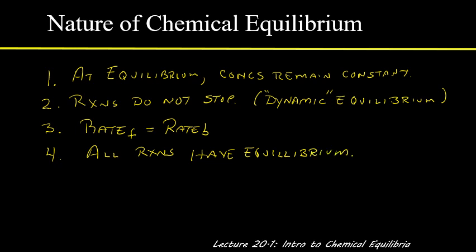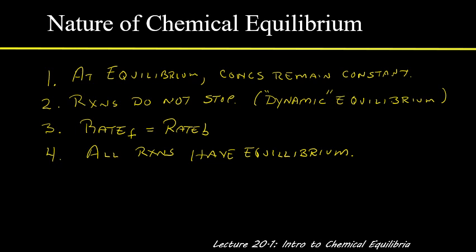All right, up till this point in the class, we haven't really talked about chemical equilibrium. We've assumed that all reactions go to completion. We make that assumption when we do limiting and excess reagent problems, when we calculate theoretical yields and things like that.